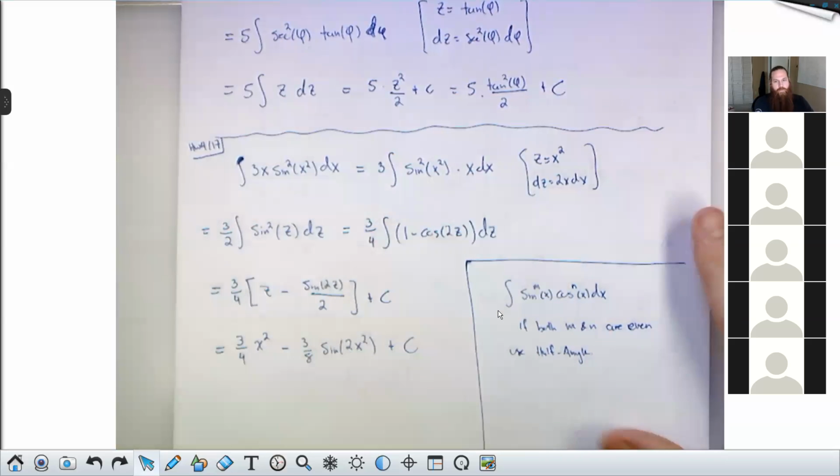So not just if you have sine squared or cos squared alone, like think of problem 4, the one we did at the start, that had sine squared times cos to the 4. And we beat both of those down with half angle identities. So if you have a sine cos integral and both of the powers are even, then you use the half angles. If you just have sine squared and there is no cosine, then really there is a cosine, it's just that the power is 0, and 0 is an even number.